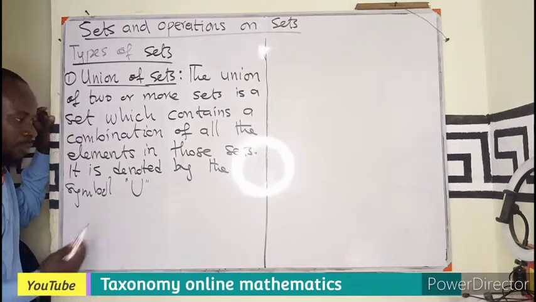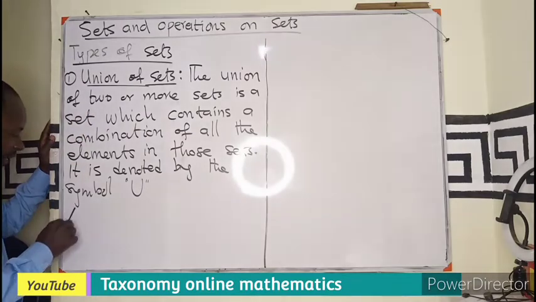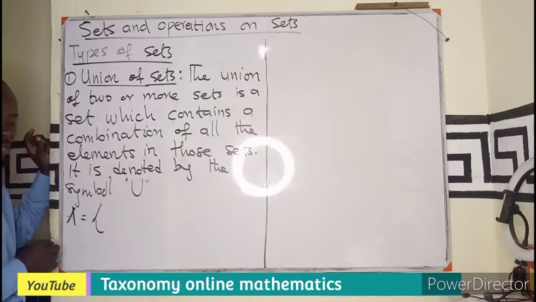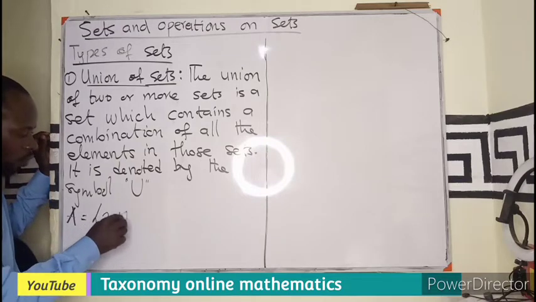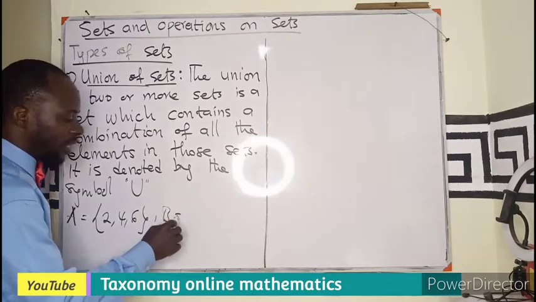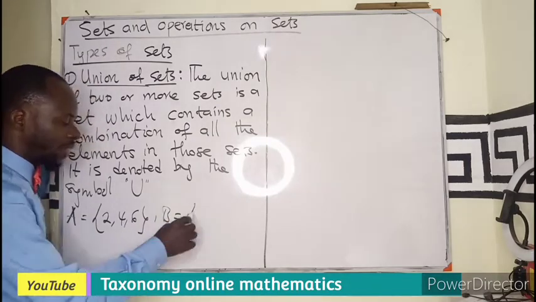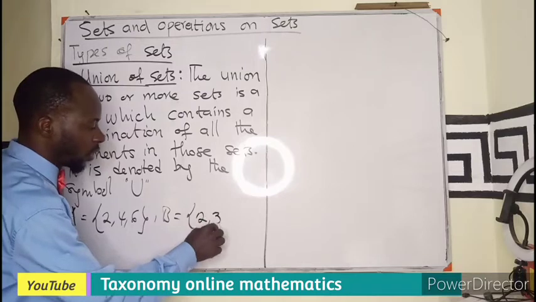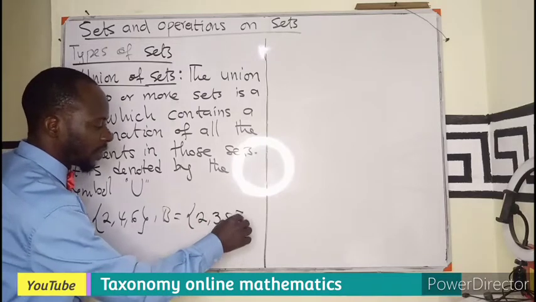For example, I have a set A which contains the elements 2, 4, 6, then I have the set B which contains the elements 2, 3, 5, 7.